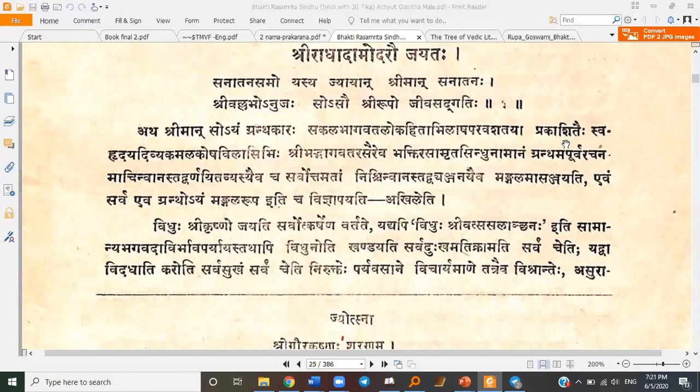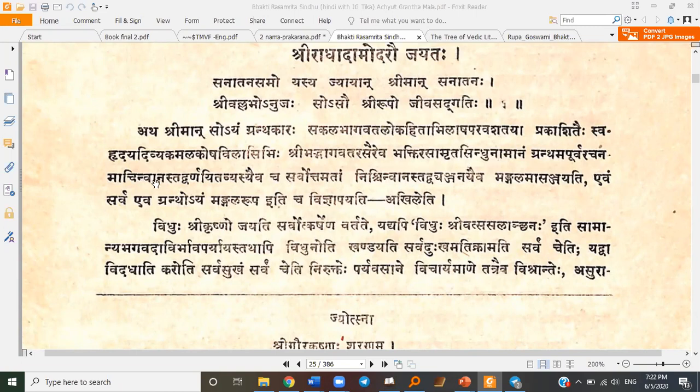Again, I'll repeat. The heart of Srila Rupa Goswami is compared with the lotus, wherein all the rasas of Srimad Bhagavatam, all the principles, all the mellows are manifested, and he is desirous, is willing to benefit all the devotees, and that's why he is Achinvana.